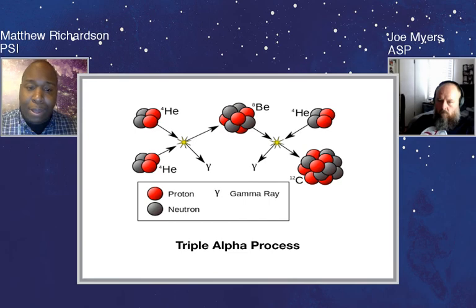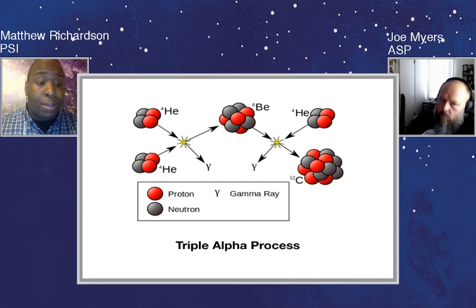The helium will begin to fuse to produce higher elements, primarily producing carbon. This is essentially how we end up with the carbon core of white dwarfs. And as we produce more and more carbon, the helium is being converted into carbon.